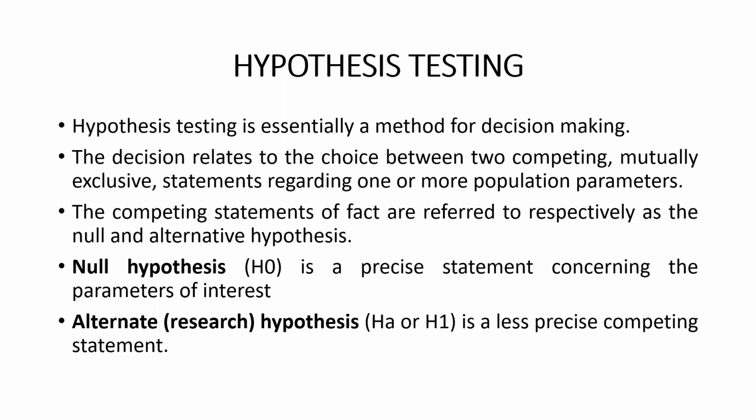Hypothesis testing. Basically, it is a method for decision making. So you do your descriptive statistics, you have values, mean and standard deviations. How does this affect or relate to population parameters? Or how is this related to two different samples? There are two ways that we apply hypothesis testing.